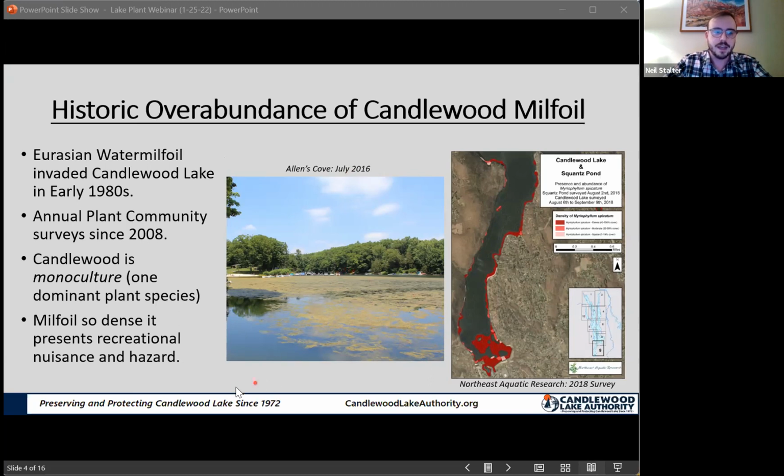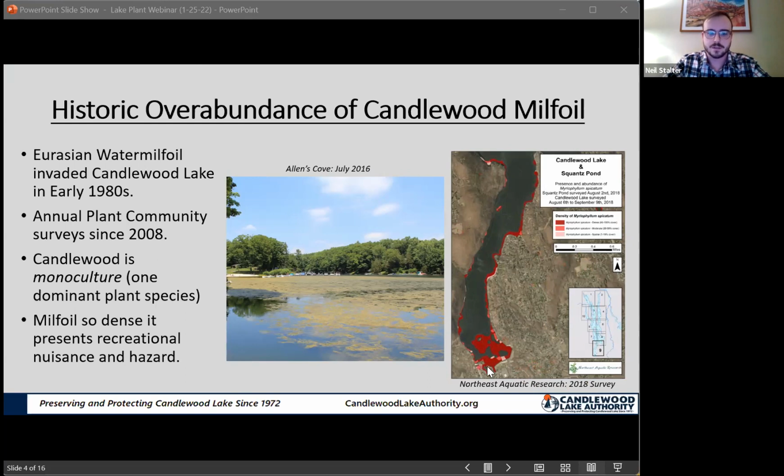And I wanted to also point out, since 2008, there have actually been annual surveys dedicated specifically to looking at the entire plant community on the lake. And we'll be able to look at some of that data tonight. Here's a map from the 2018 survey of Candlewood conducted by Northeast Aquatic Research.